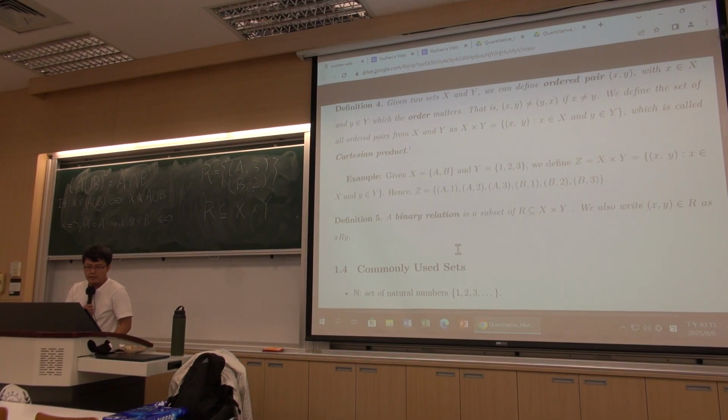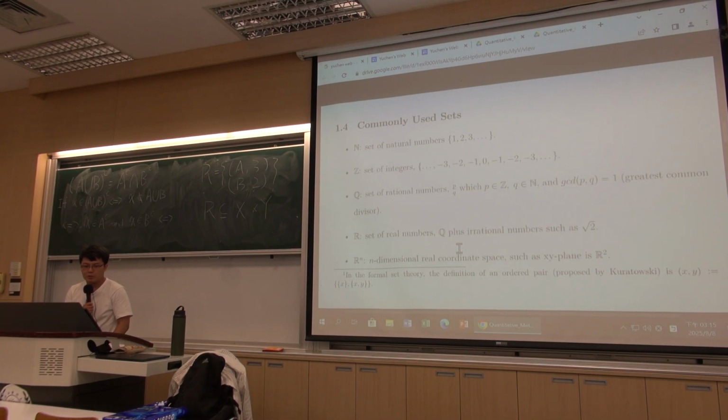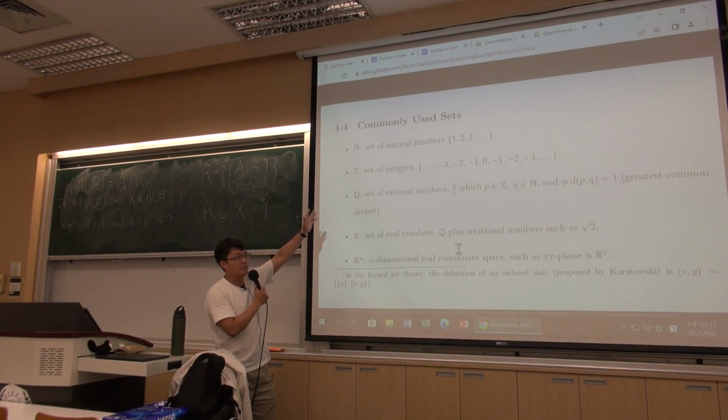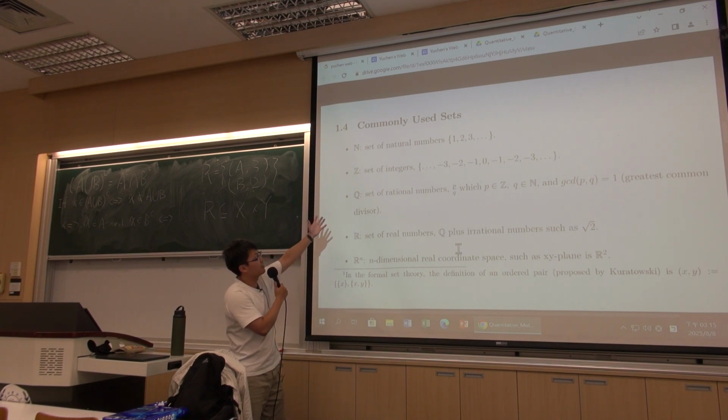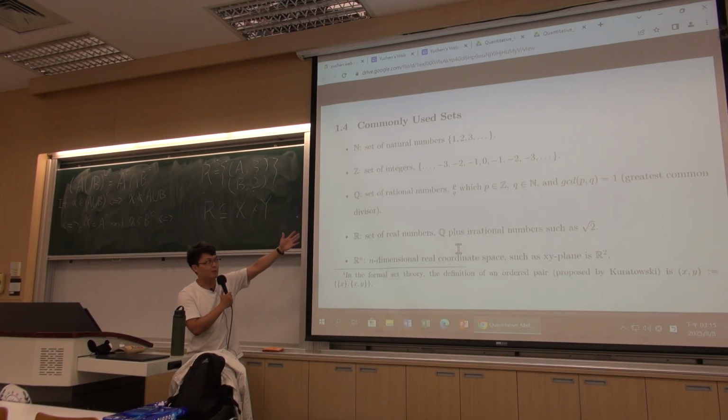Right. And there are also some commonly used sets here, which I'm not going to talk about in detail. For example, the natural numbers, which are the positive integers, starting from 1, 2, 3, 4, 5, 6, 7, continuing to positive infinity.